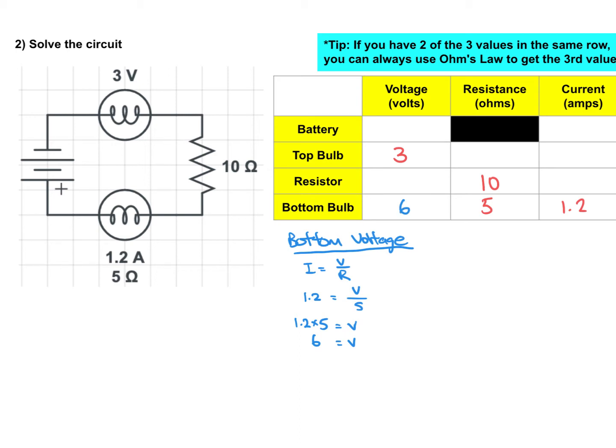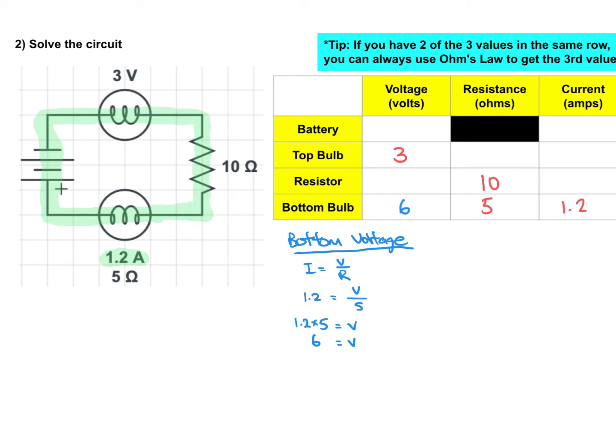Okay, something else I can do, which is something that's nice about a series circuit, is the current. I know the current going through the light bulb. Current is how fast the charges are moving. And the current law is that the current splits up at junctions, but in a series circuit, there are no junctions for it to split up at.